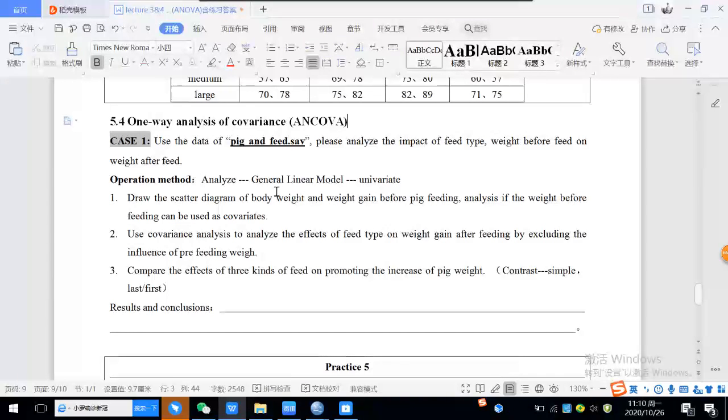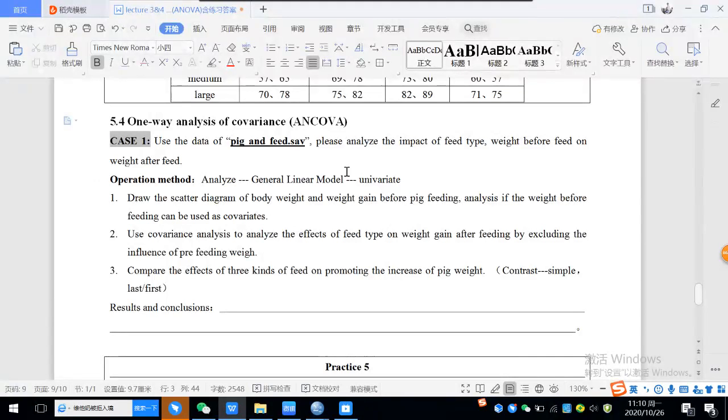One group we will feed type 1, the second group will get the second feed, and the third group of pigs will eat the type 3 feed. We will record the weight before feed and the weight after feed.